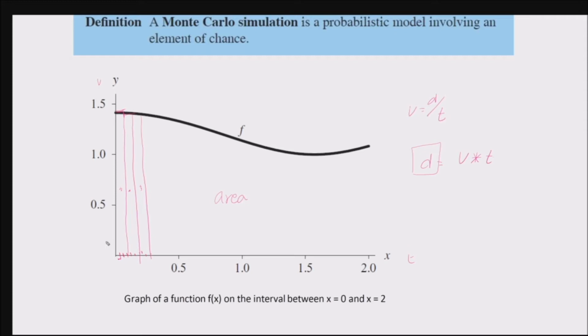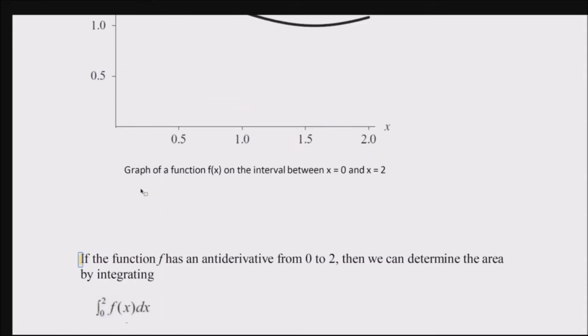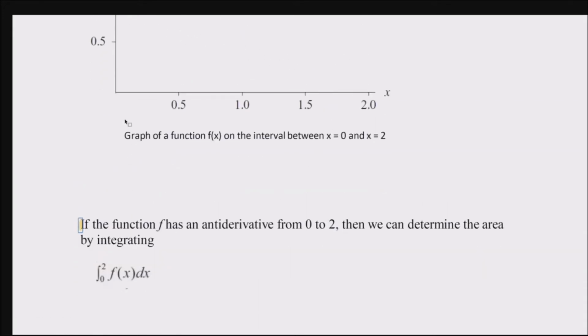If you don't know calculus, there are some other methods to calculate this, and that is where Monte Carlo is introduced. So that's what we're going to look at. That is the introduction to what we're going to do today, right? This is what we looked at earlier, the antiderivative of a function, over a range from 0 to 2, and you write it in this form.